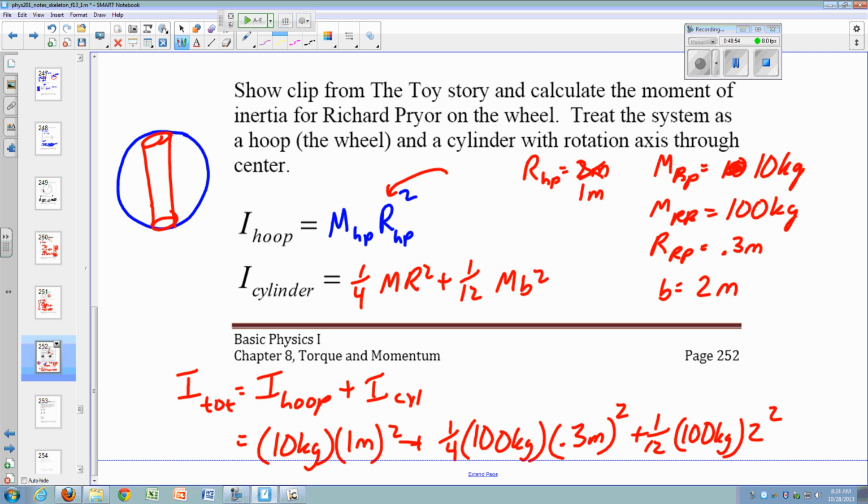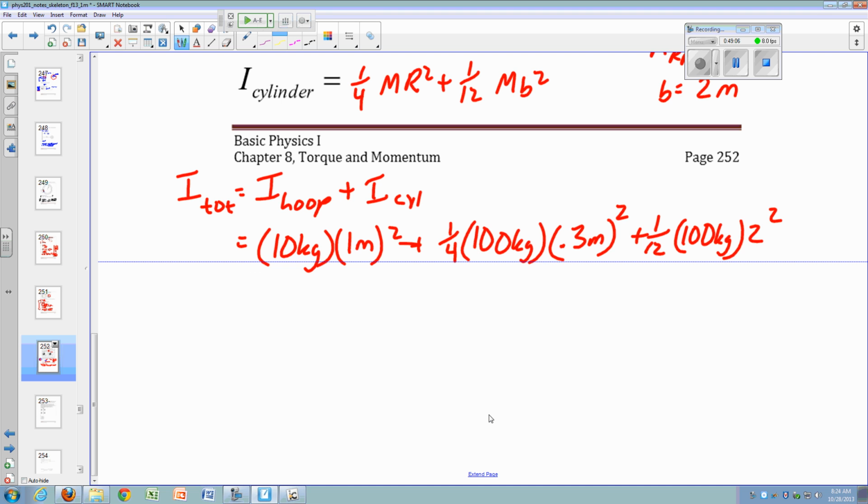All right, so if I have multiple shapes that are connected and rotating, and we'll see this in some example problems next time, you just add up the moments of inertia for all those shapes. So that's 10 plus 100 times 0.3 is 25, plus 2.25, plus 33.3.